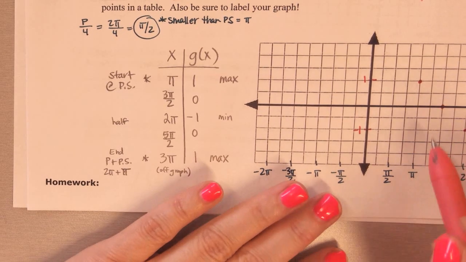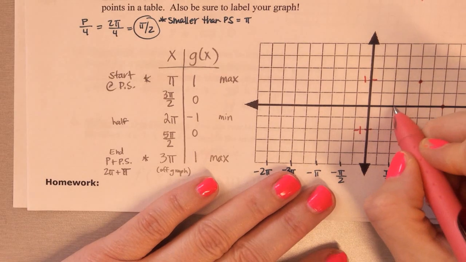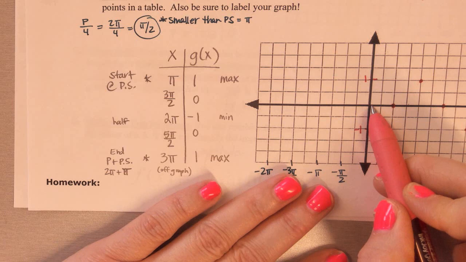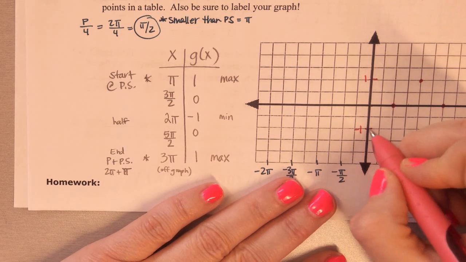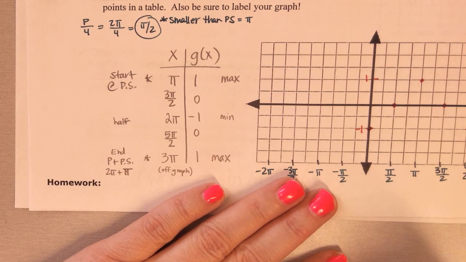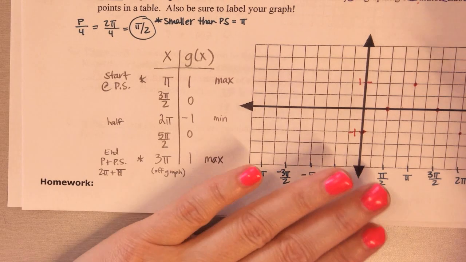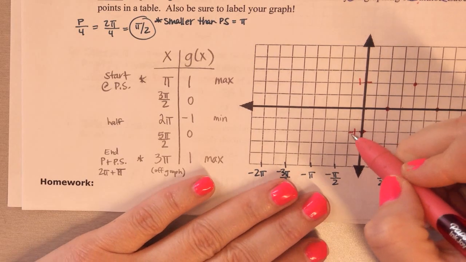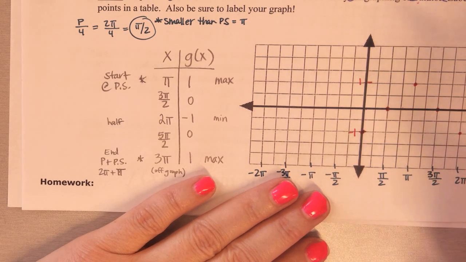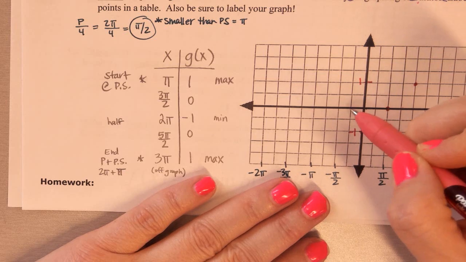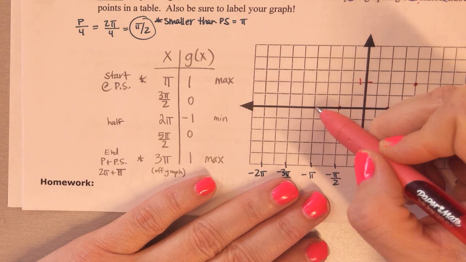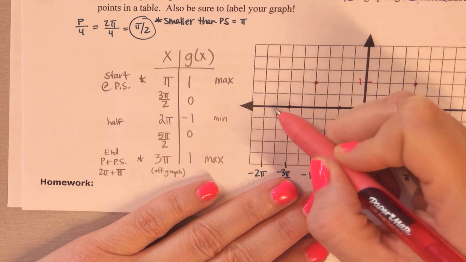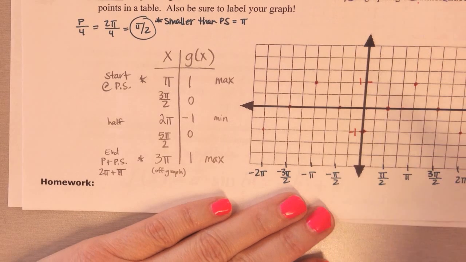Now when I go 2 units back, I'm going to be at 0. When I go 2 units again, I'm going to be at my minimum. And then I'm going to keep going, 2 units at your 0, and then 2 units at your max. 2 units at 0. 2 units at your min.